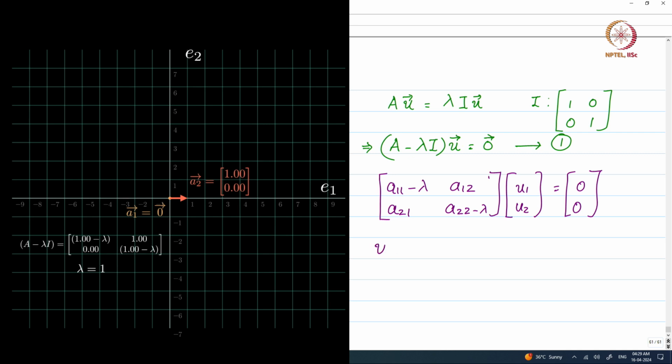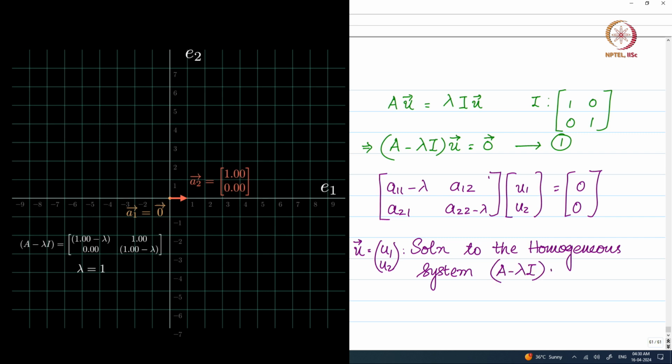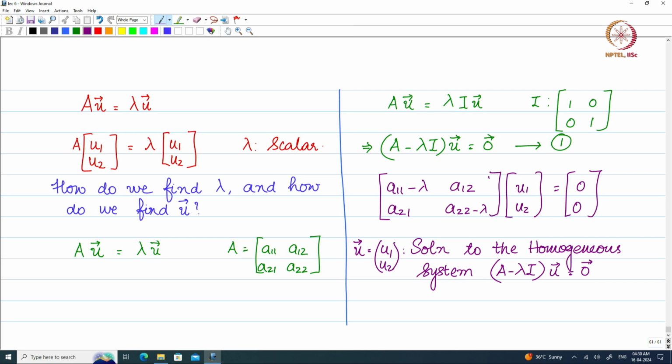So, what do we want? The vector u, let me put it this way, u is equal to u1 u2, is the solution to the homogeneous system A minus lambda I times u is equal to 0. The right hand side is the 0 vector. Now, we want this u to be a non-zero vector.